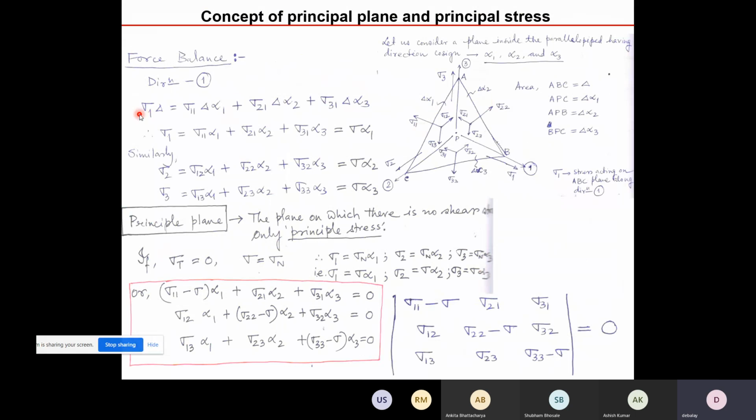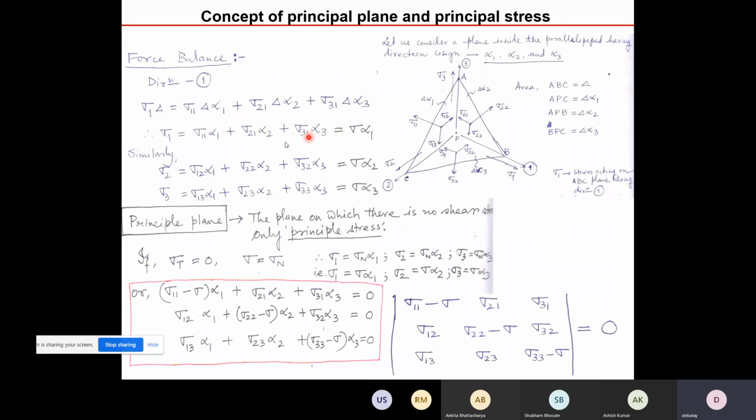So the stress in direction 1, as I said, sigma 1 delta equals sigma 1 1 delta alpha 1. You can see the balance is done along direction 1, direction 2, direction 3, and here we are considering the plane to be a principal plane, not taking the shear terms.